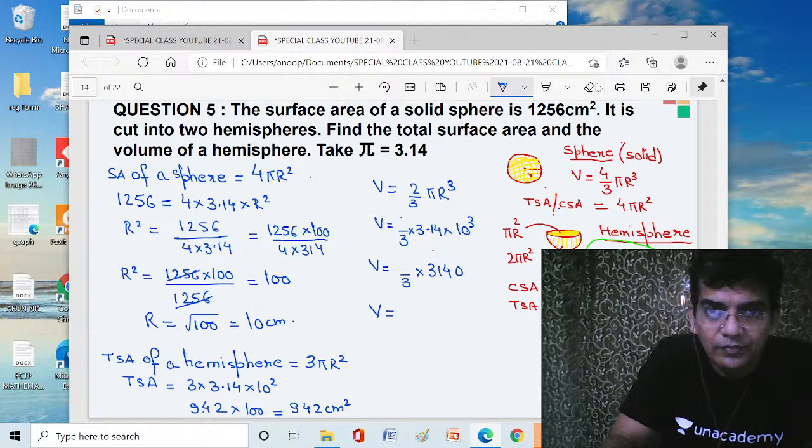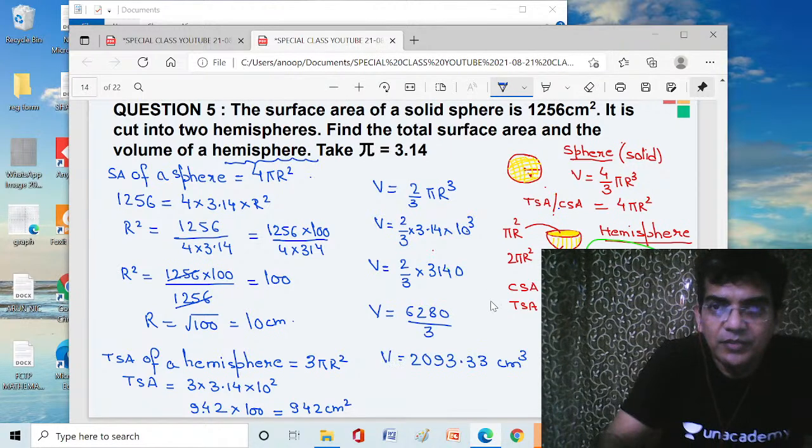So this will be the volume of a hemisphere, not for the sphere, but they have asked us to calculate the volume of a hemisphere. Hope this much is clear to you. And let's move on to the next question.